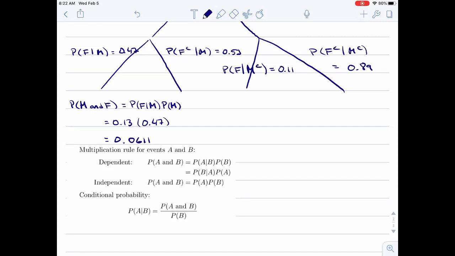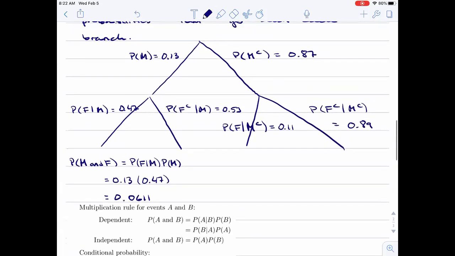That's the background stuff that's happening. We are using conditional probabilities because we separated everyone at the top branch, and then the next probabilities are conditional on what happened on the midterm. Did they get an A? Did they not get an A? So for each of the rest of these probabilities, just keep in mind that you're talking about conditional probabilities, but you don't actually need to show it.